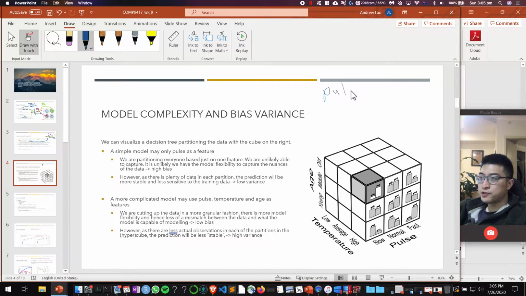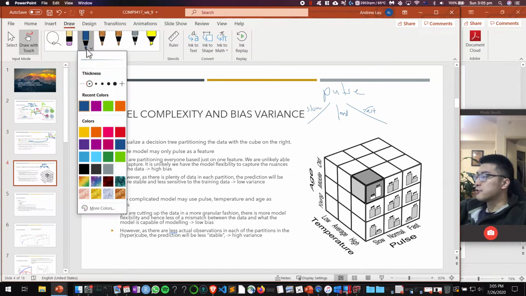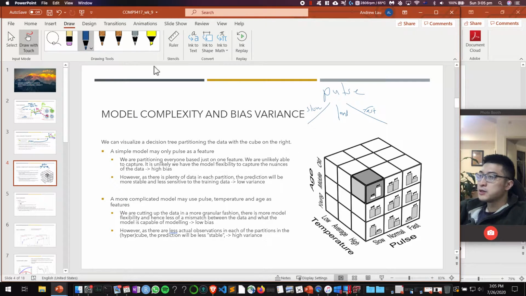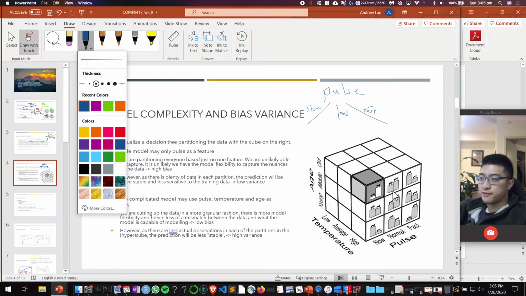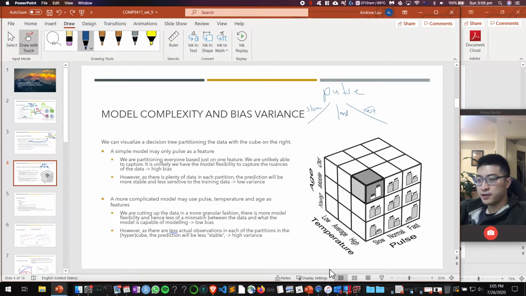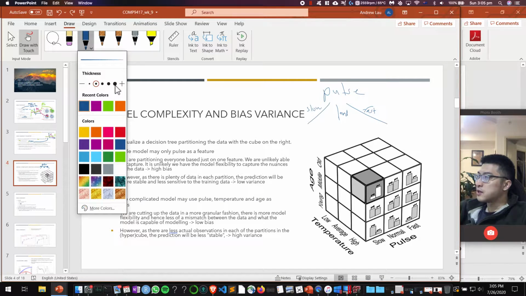You just have pulse, and then we have slow, medium, fast. That's kind of it, right? That's your model. And of course, in each of these buckets, you'd have some data points. What's the target here? Oh, it's classification, isn't it?